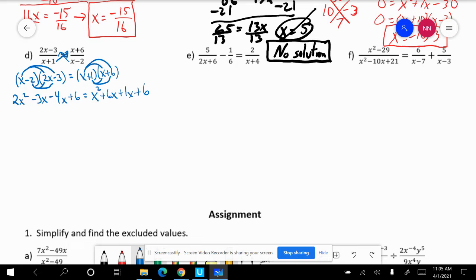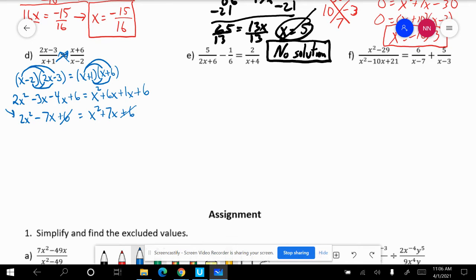We're going to combine our like terms, 2x squared minus 7x plus 6, and we get x squared plus 7x plus 6. We notice right away we could cancel our 6's.